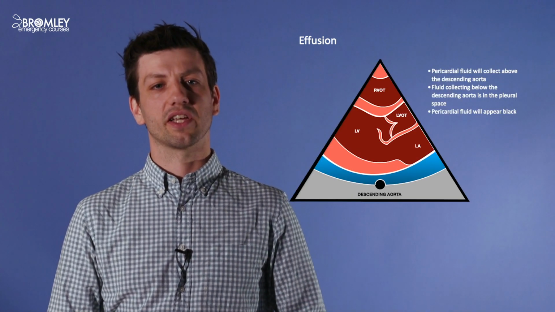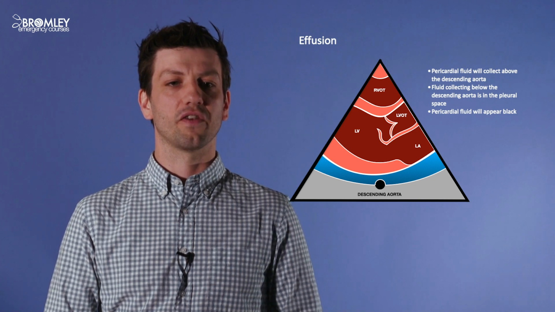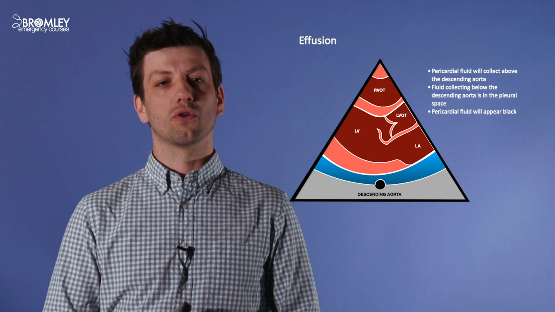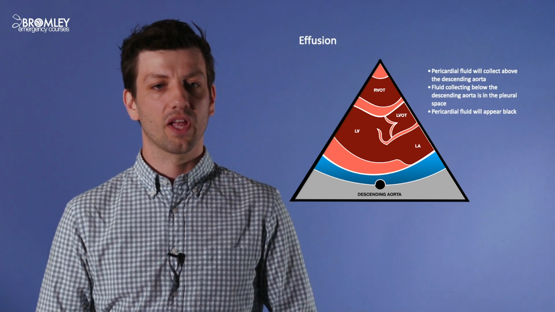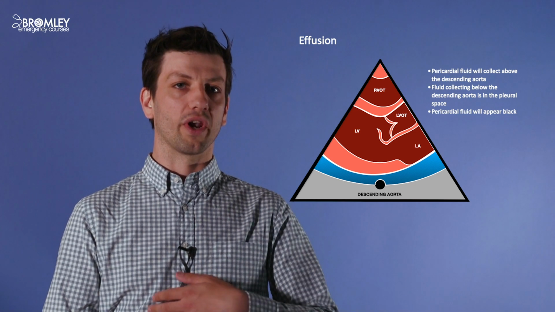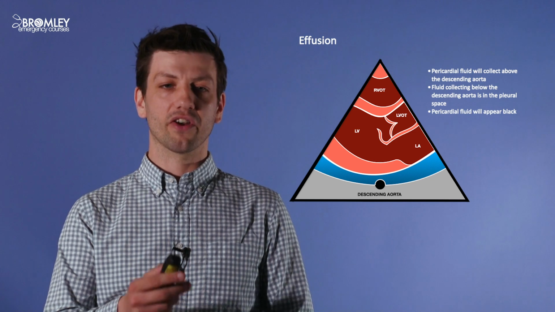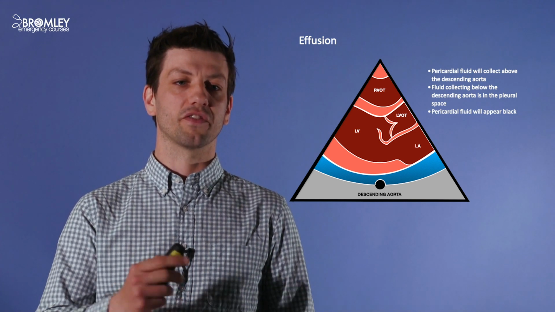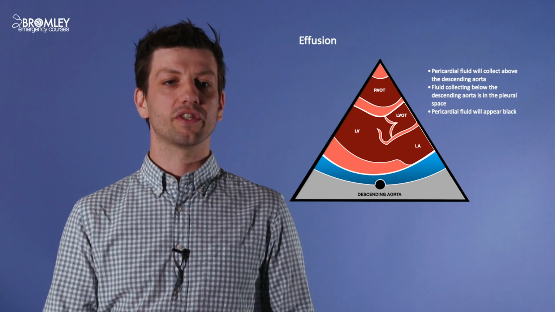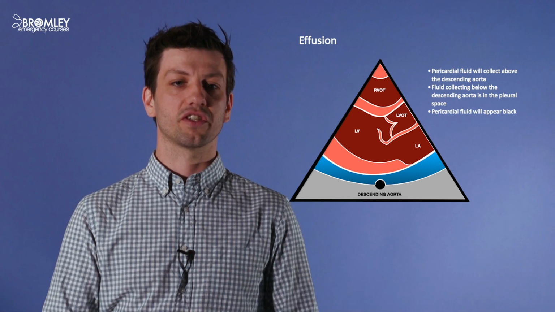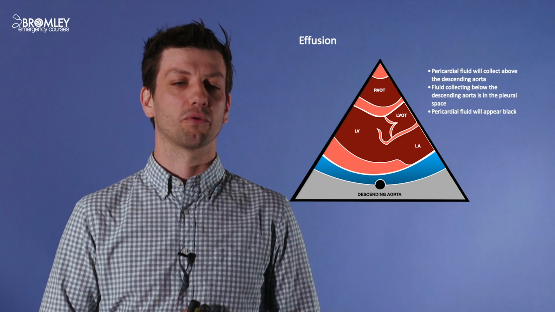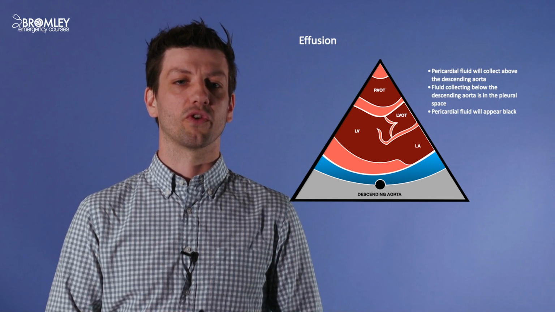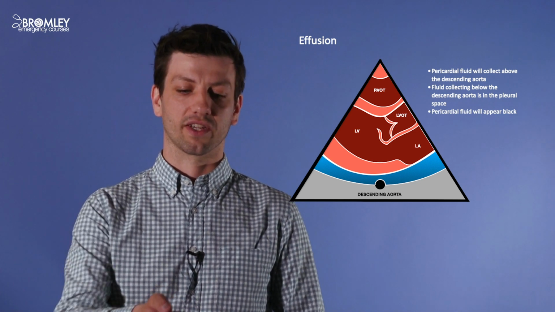Here we see a schematic of a parasternal long axis view, and the blue rim around the heart represents the pericardial fluid. Now, one thing I will point out here in this schematic is that pericardial fluid sits above the descending aorta. If you see anechoic structures beneath the descending aorta, so deeper to the descending aorta, this represents pleural fluid, so fluid in the thorax.